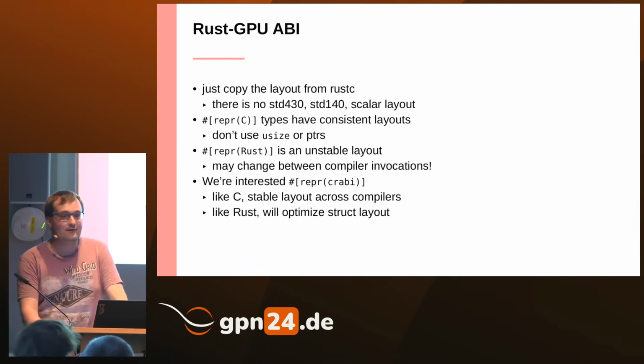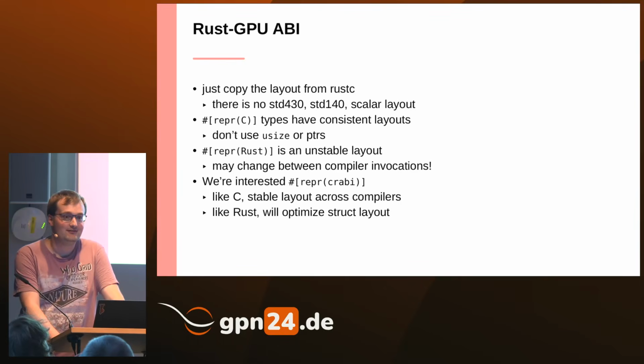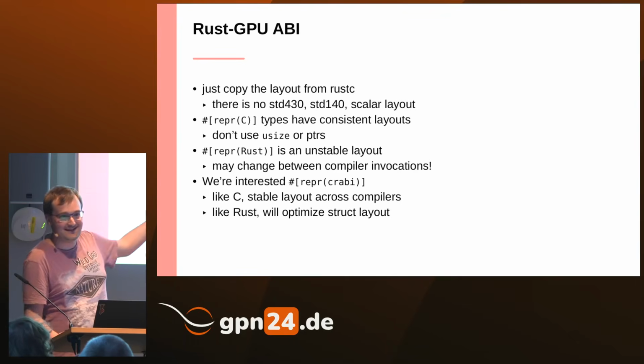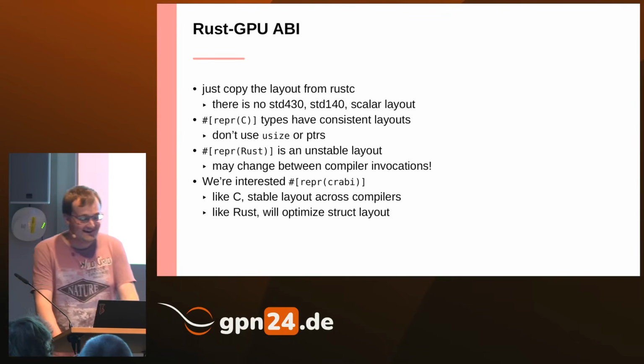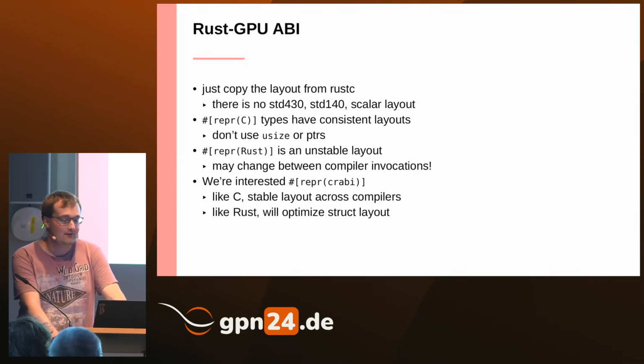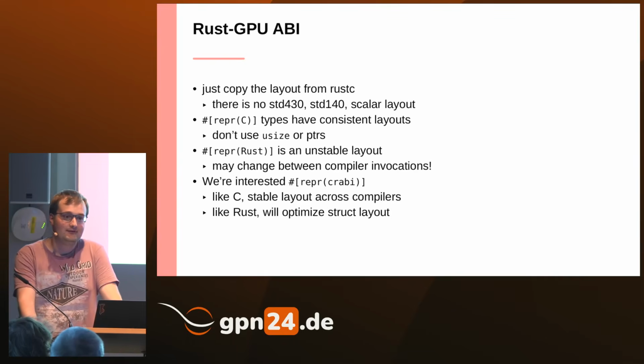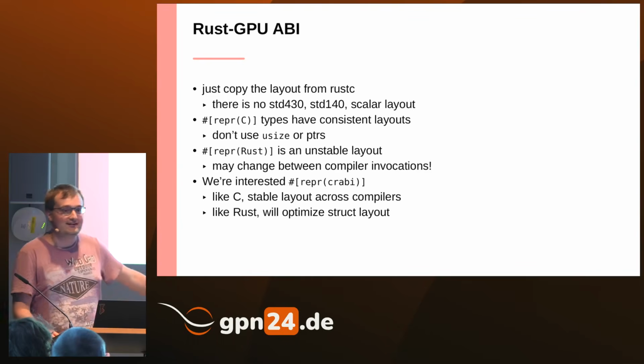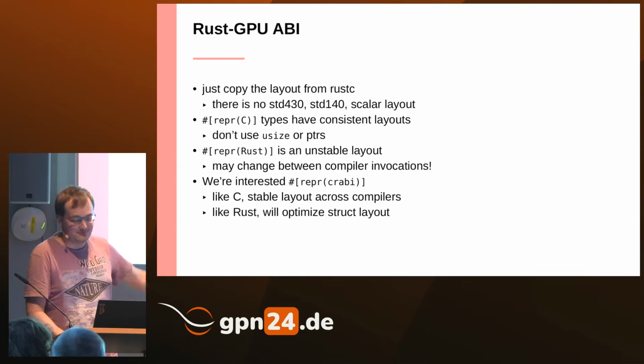Which also means there's this initiative going on called repr(crabby), which is an amazing name for a layout engine API, which basically guarantees us, hey, we're going to get stable layout across compilers like C, but at the same time, we'll get a lot of the Rust optimizations. I don't even think it is in the works yet, but it is coming and it would be really interesting for us.